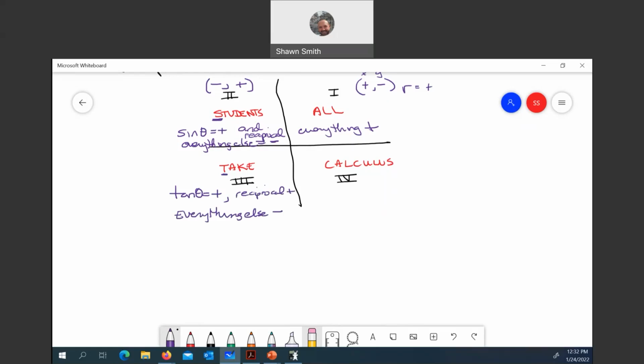And then cosine for C. Cosine of theta is positive, and its reciprocal. Everything else negative.